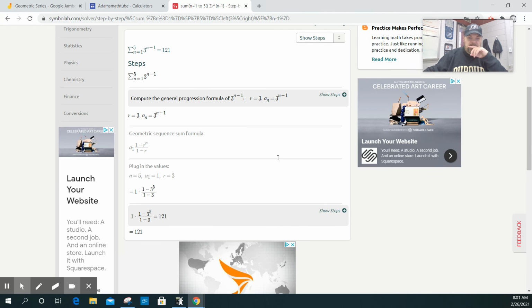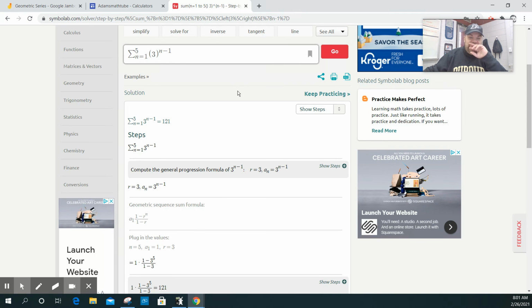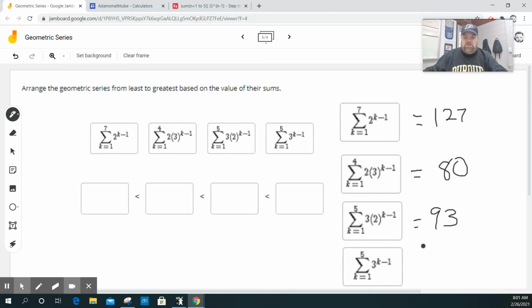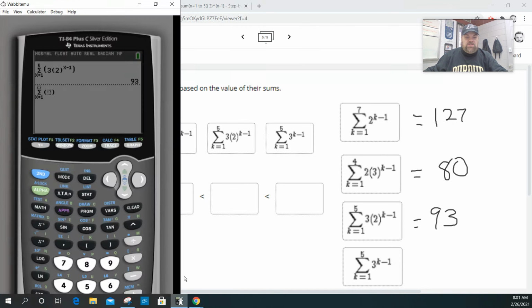This stuff is how they did the math. There's a shortcut to find the sum, and I didn't tell you guys that. Anyways, it's 121 is where I'm going with this. We're going to verify that on our calculator real quick, just so you know that we're getting the same thing every time.